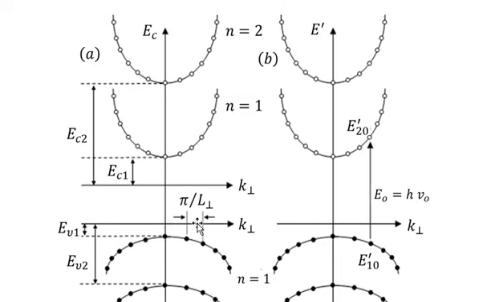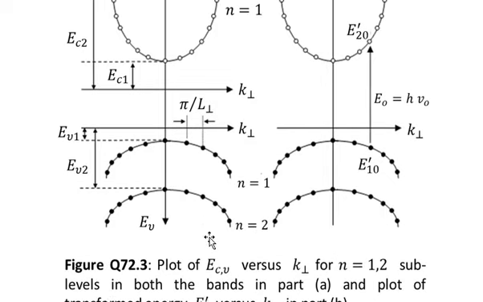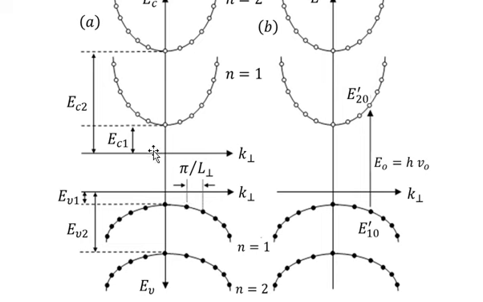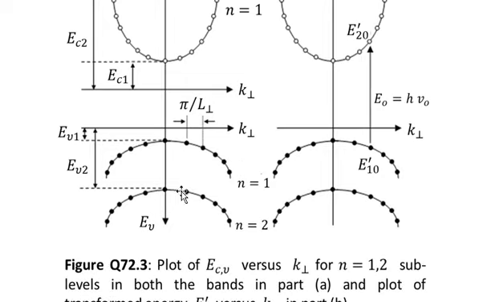Now you see that since we have two horizontal axes, a k perpendicular axis for the conduction band, and a k perpendicular horizontal axis separately for the valence band. The reason is that we are measuring the energy of the conduction band with respect to the upper horizontal axis represented by k perpendicular, and we are measuring the energy of the states in the valence band with respect to the lower k perpendicular axis.